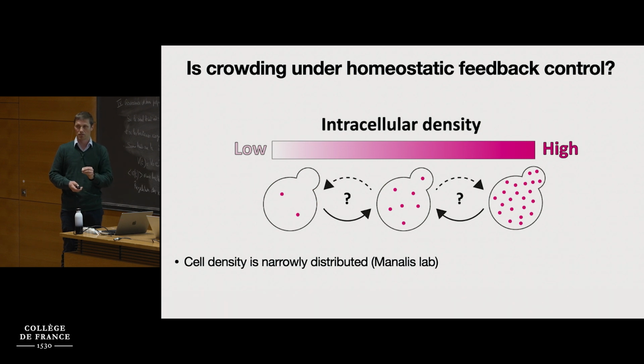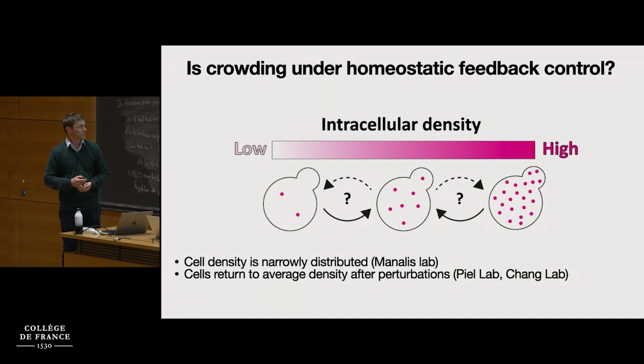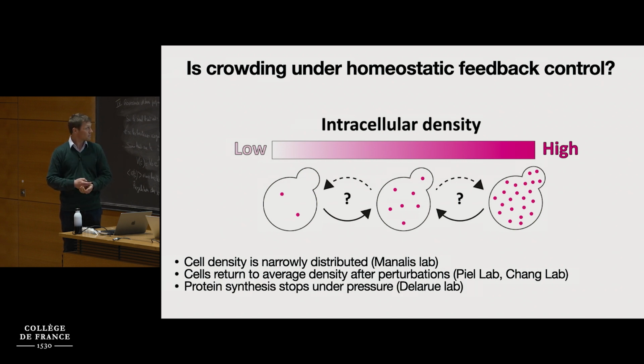The CV is about 100 times smaller than the variation in cell size. If you perturb cell density naturally, for example, when cells go into mitosis, they swell up and the density decreases, but then they go back to the initial density. And we also know that after osmotic perturbation, cells rapidly return to their initial density.